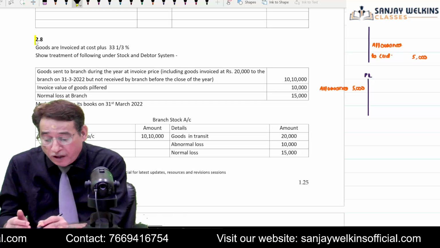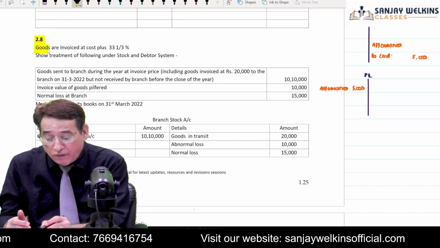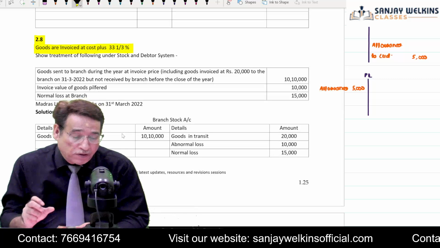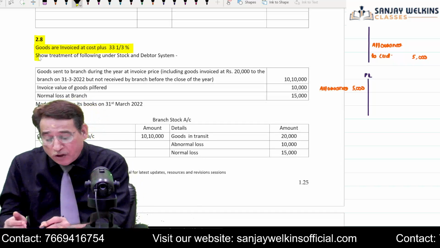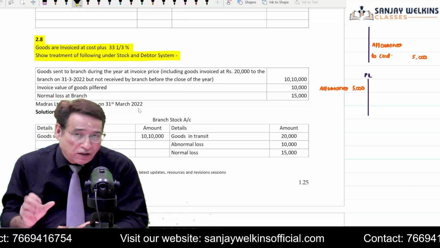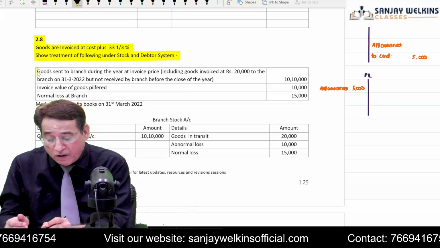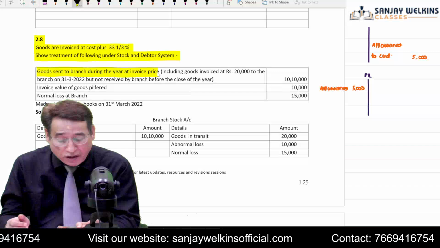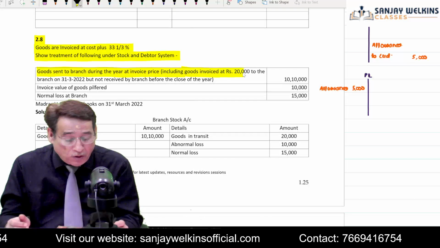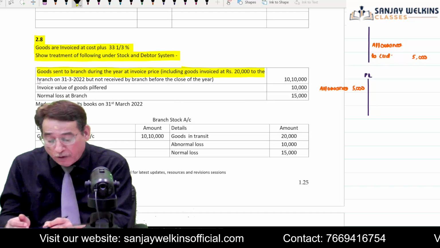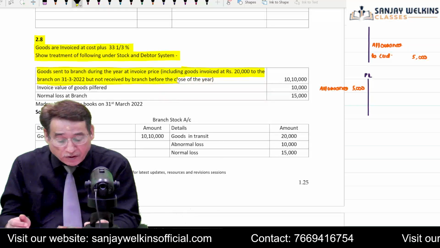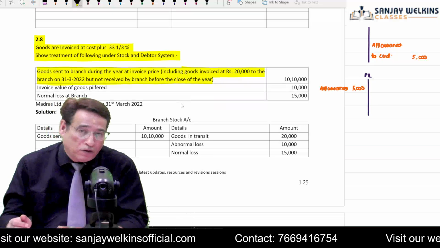Similarly, in 2.8, what is given to us is that goods are invoiced at cost plus 33 1/3%. The question is asking, show the treatment of the following under stock and debtors system. Here it is written goods sent to branch during the year at invoice price, and in brackets, including goods invoiced at rupees 20,000 to the branch on 31st March 2022 but not received by the branch before the close of the year.